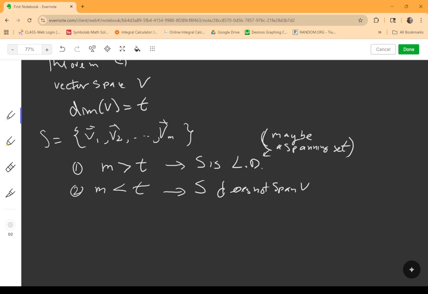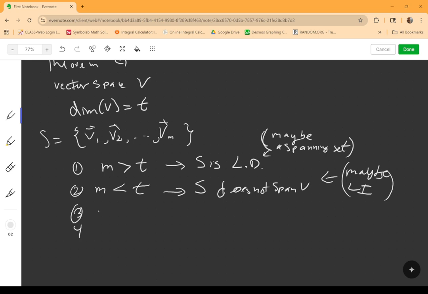It just tells me that I conclude that it does not span V. And again, maybe linearly independent. That would require more investigation, and we know how to do that. We can check if a set is linearly independent.